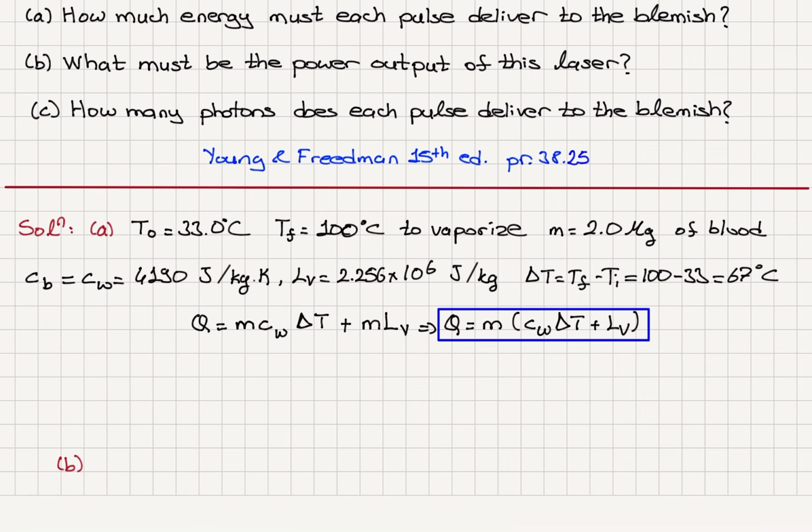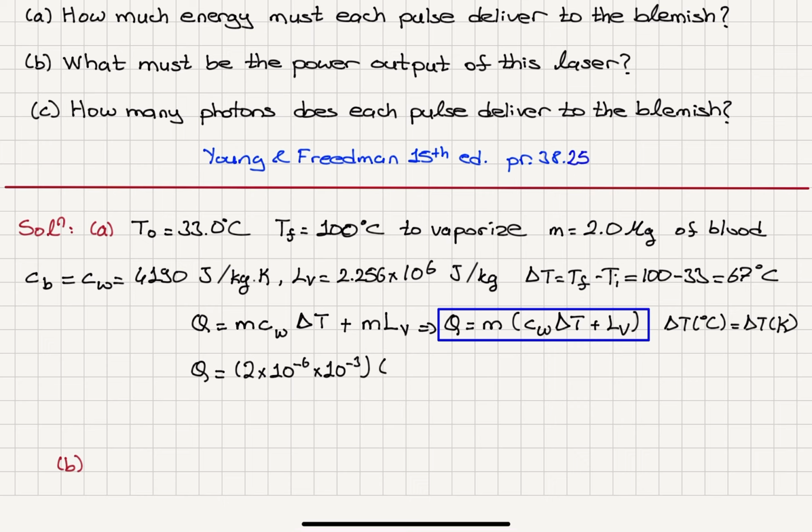Now I want to note here that the change in temperature in the Celsius scale is equal to the change in temperature in the Kelvin scale. So if we calculate this, the amount of energy we have to provide is, so we have 2 micrograms, 2 times 10 to minus 6 grams, 10 to minus 3 kilograms.